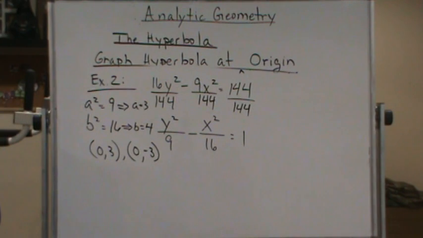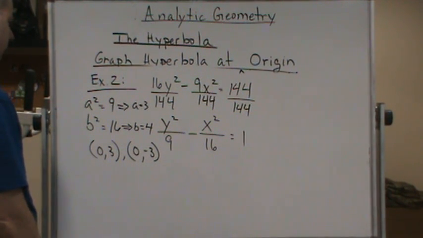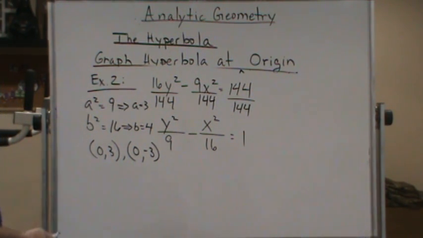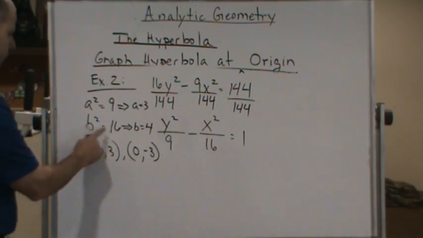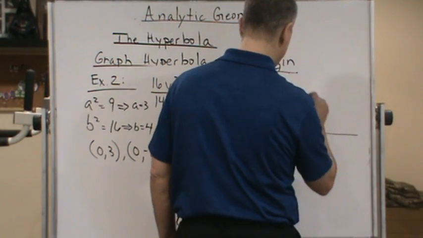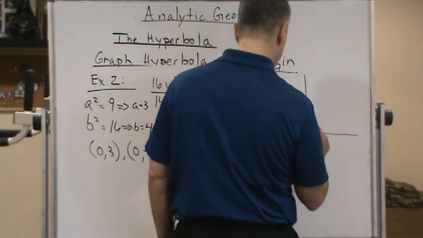And then we're going to draw the box. We need to know B, right? So B is 4. So now let's draw the box. So let's start to graph this thing, right?